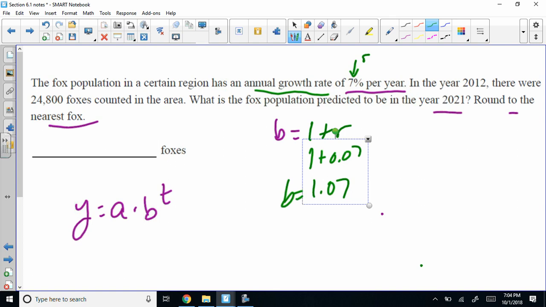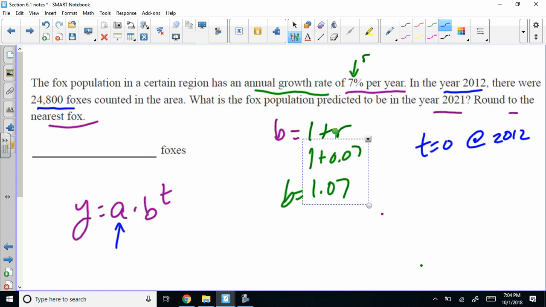Now, what you have to understand is in 2012, they told us there were 24,800 foxes. We said earlier that this a is an initial value. So we're going to say t equals 0 at 2012.